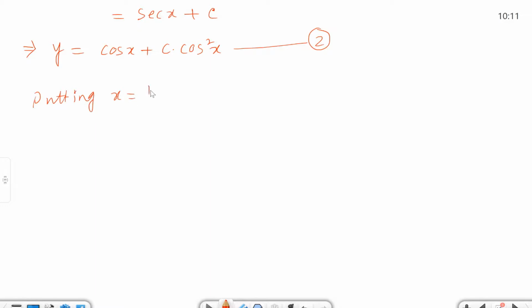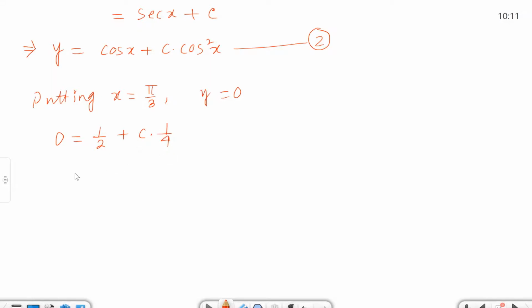Putting x is equal to pi by 3, y is equal to 0. So y is 0, meaning left hand side 0 is equal to cos pi by 3, which is half, plus c into cos pi by 3 is half, squared is 1 by 4.